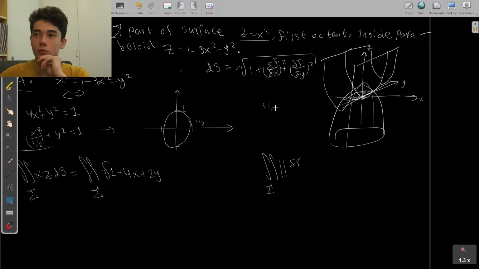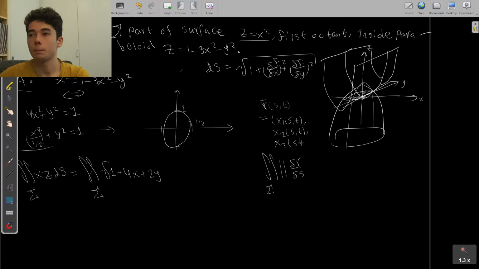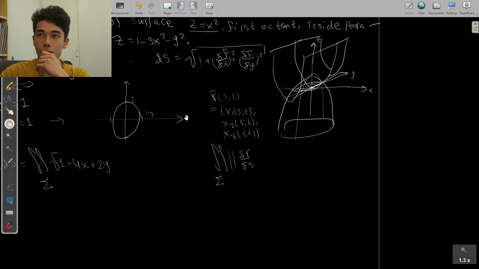If you have some kind of parameterization of a curve, I guess we'll call this r(s,t), and yeah, right, and we can write this as, yes, this is important. So we have two variables that we can make a surface out of.